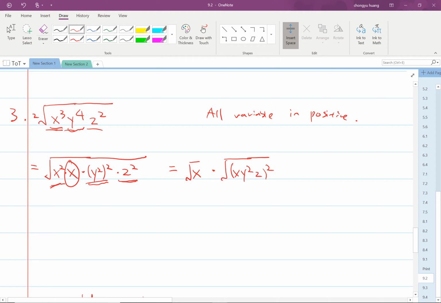Let me check again. Yes, so now we are able to cancel some terms. We have a square root and then something to the power 2, so those things get cancelled, and then we have our final solution: x y to the power 2 z square root of x. Okay, that's basically our final solution.